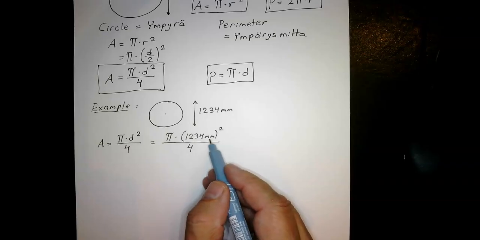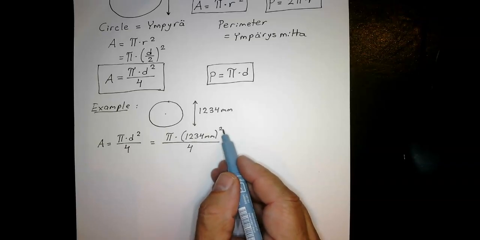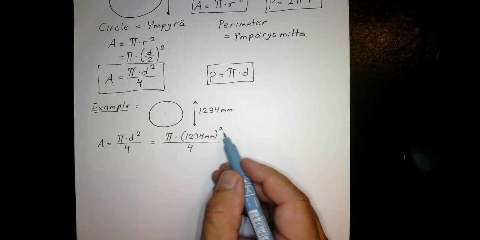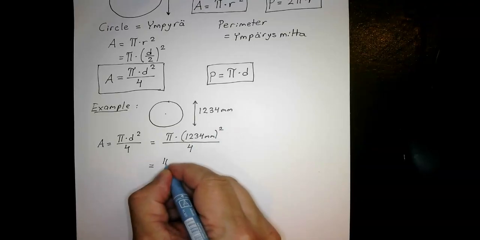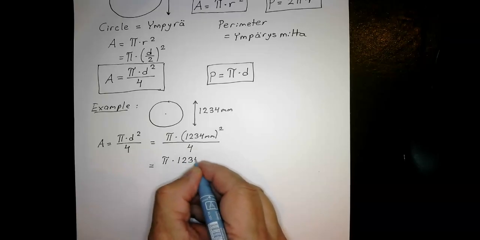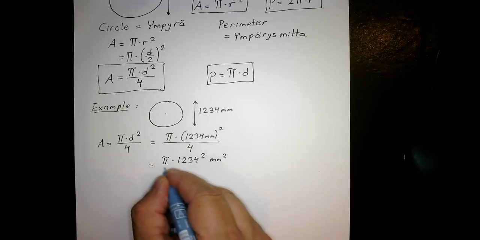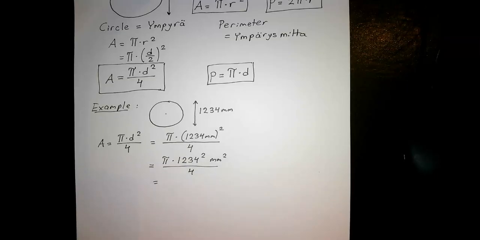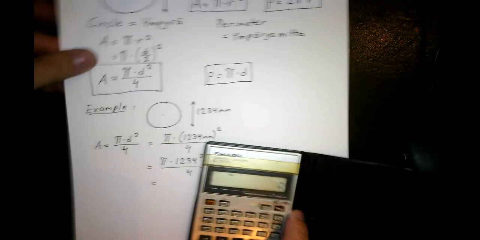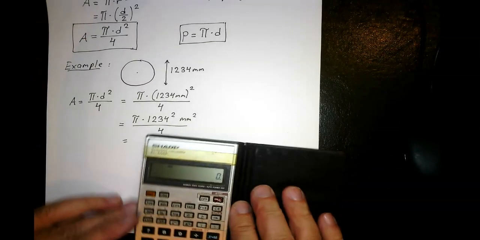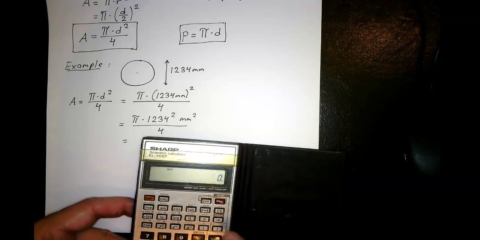I meant that these brackets are important there, because after that we calculate it like this. And let's look with this calculator what result we get, and let's take the unit conversions after that. So we get this pi times 1234.